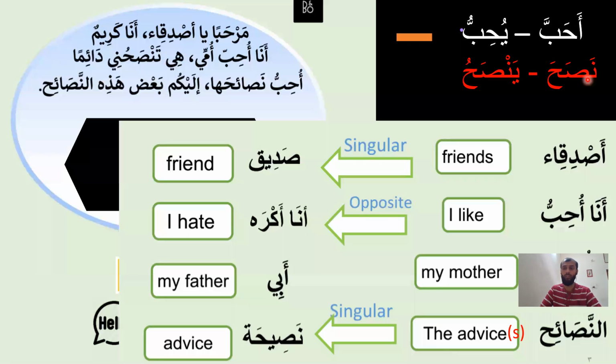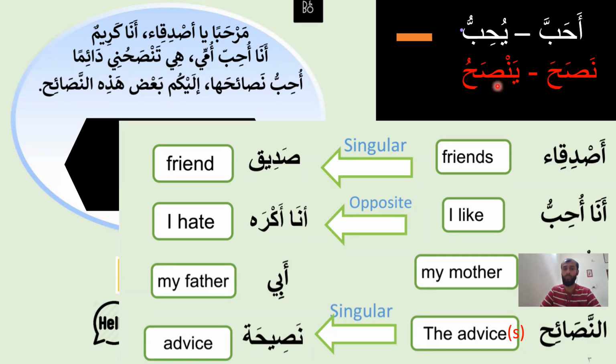To change it to feminine, same rule. Nasahat, I added ta with a sukun at the end. Past tense, I change the back of the verb. Nasaha, nasahat. He advised, she advised. Yansahu, tansahu. He advises, she advises. Okay, this is one thing you need to remember.